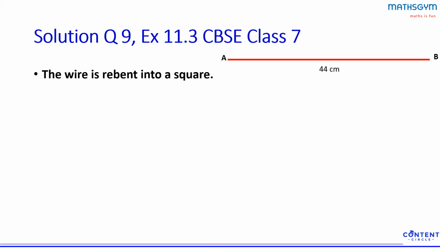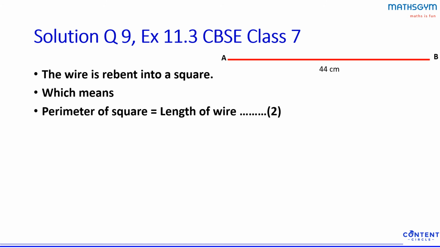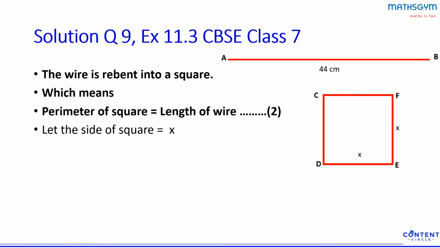Now this wire is rebent into a square, and we need to find the side of the square, which means because the same wire has been rebent into a square, the perimeter of the square is equal to the length of the wire. We do not know the edge of the square, so let us assume that the side of the square is x centimeters.